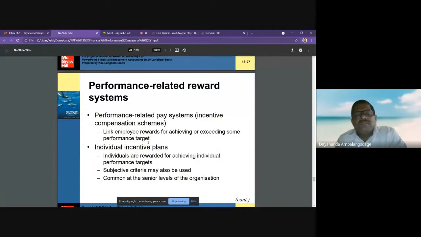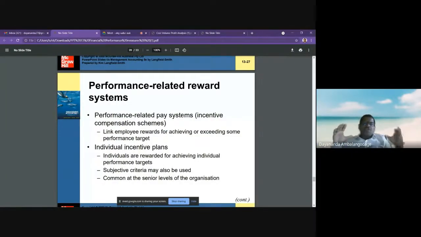exceeding some performance target. You give some performance targets. If this target is reached, you will get this much of money or this much of benefits. That's the performance-related pay system. So you can introduce it as teamwork or individual. In certain cases, for example, inland revenue, you get the rewarding system for the branch.